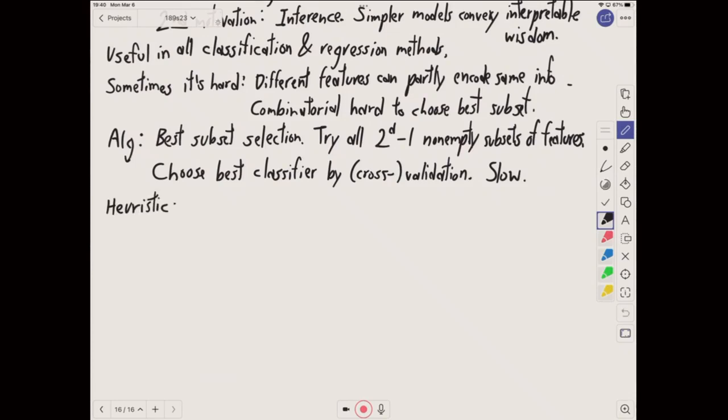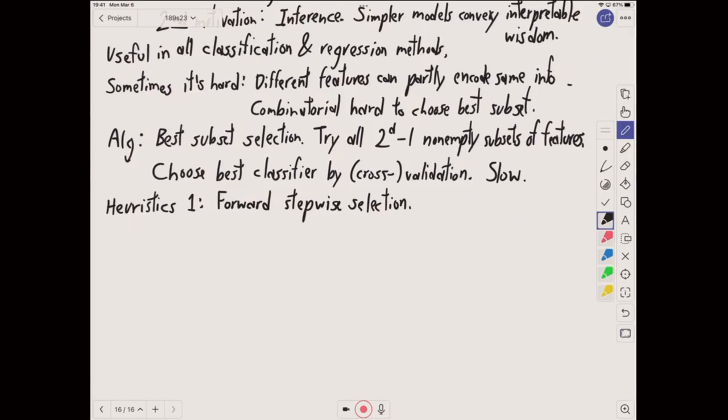And so there are two heuristics that are used a lot in practice. One of them is called forward stepwise selection. The other one is called backward stepwise selection. Some of you can probably guess just from the names alone what these do, because they're not very complicated ideas. It's basically doing the obvious thing.